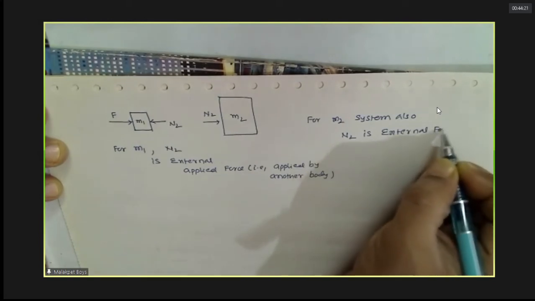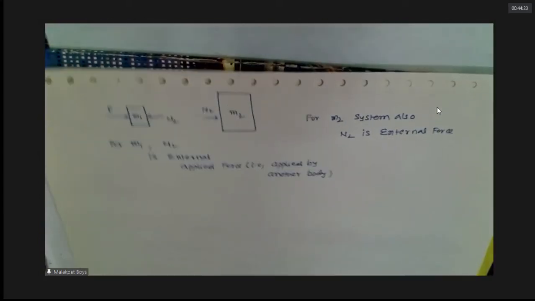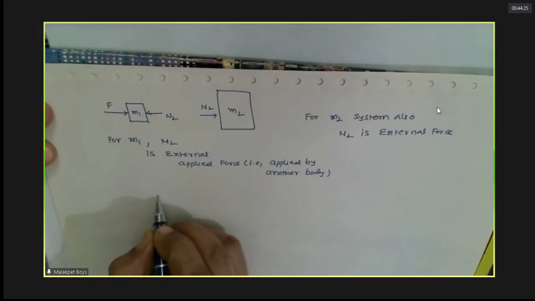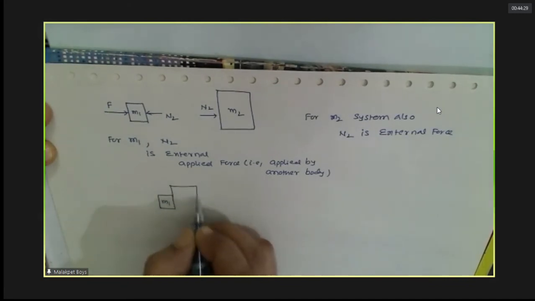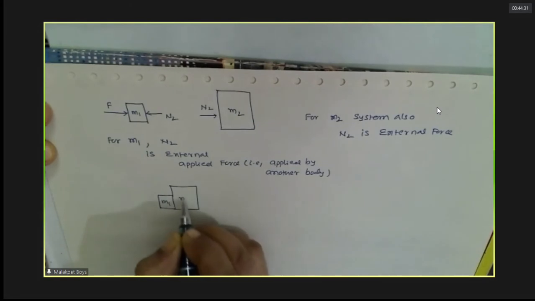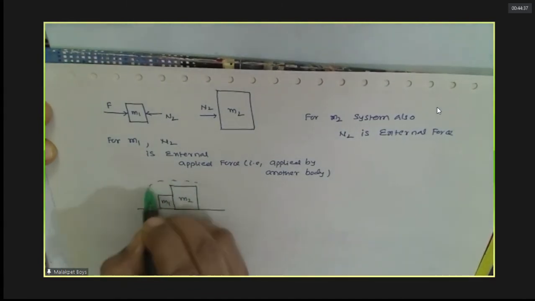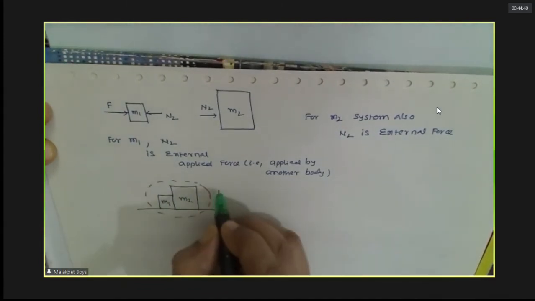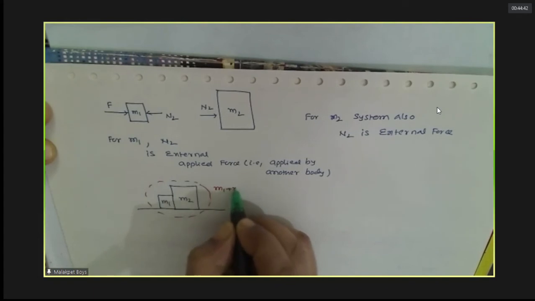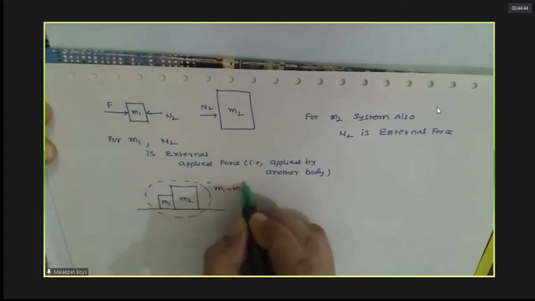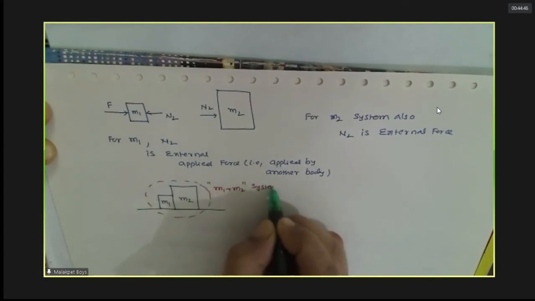External force only, the normal force. So now, see, the system is that only. What I do is I'll choose both together as one system. So, the M1 plus M2 system I am choosing. You can choose in any way, there's no problem.